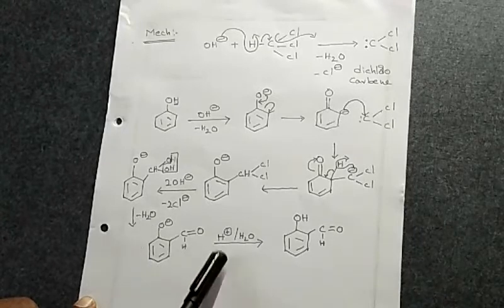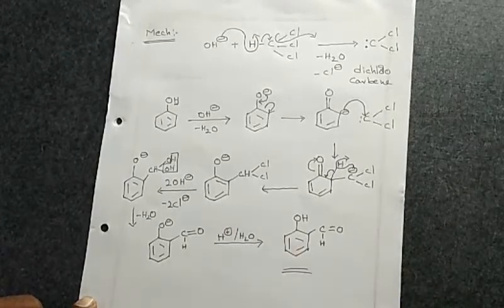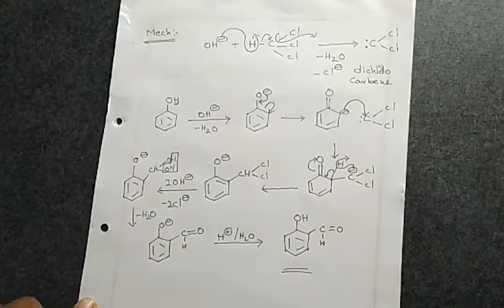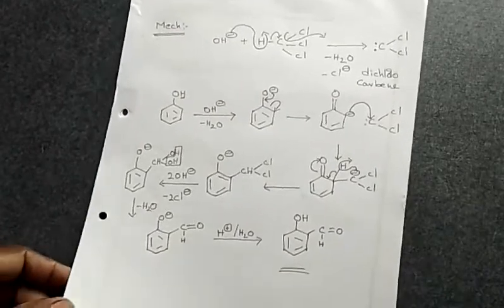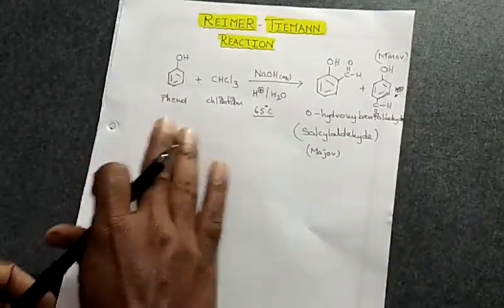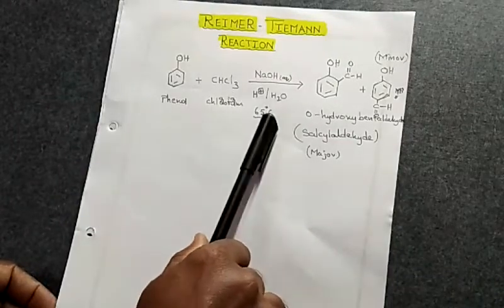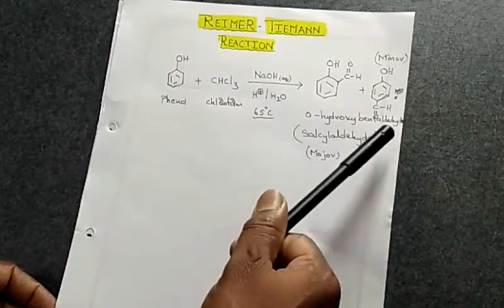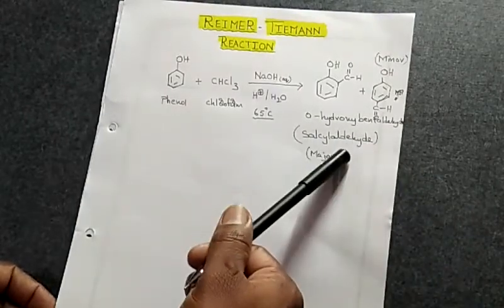Finally, it is treated with the acid, so that we have obtained our required molecule, ortho-hydroxy benzaldehyde. This is the simple mechanism of Reimer-Tiemann reaction, dear students. Hope you have understood this. This is the Reimer-Tiemann reaction: phenol treated with chloroform in presence of aqueous base, followed by the treatment with dilute acid, converts into ortho-hydroxy benzaldehyde as the major product, which is generally referred to as salicylaldehyde.